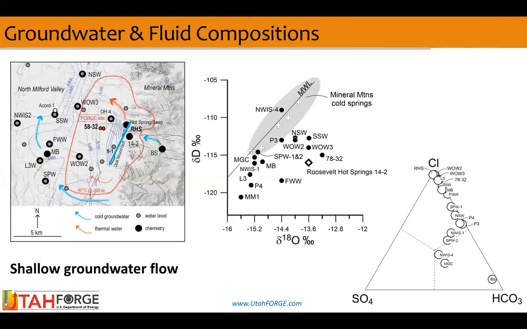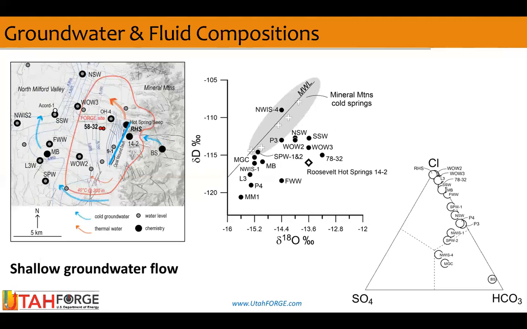Turning to the geochemical data and the graphs on the right, there are three types of water: the deeply circulated geothermal water produced at Roosevelt Hot Springs, basinal groundwater, and meteoric recharge. These are isotopically and compositionally distinct waters, and they allow for the tracing of shallow fluid flow down gradient from Roosevelt Hot Springs westward into the basin.